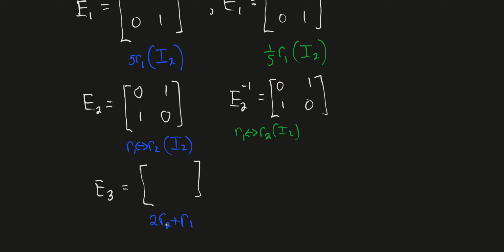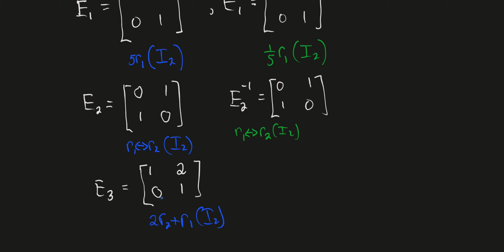I would have to have a 2 in the 1, 2 position. So the 1 is still there, then a 2 there, and then 0 and 1. So I performed this operation on I2 to create this elementary matrix.